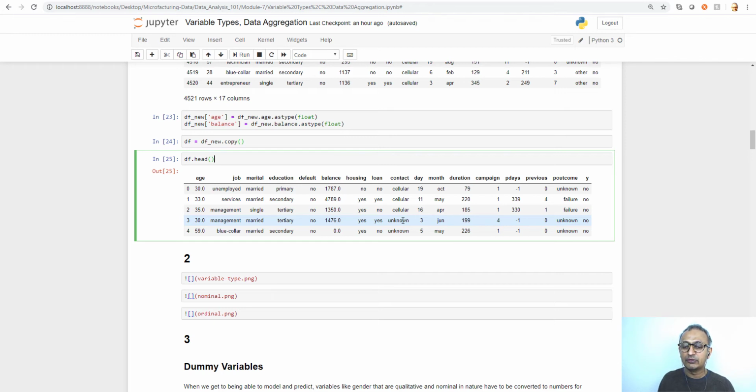These are some of the factors which the bank can eventually crunch numbers on to decide whether a prospective customer will become a customer or not.